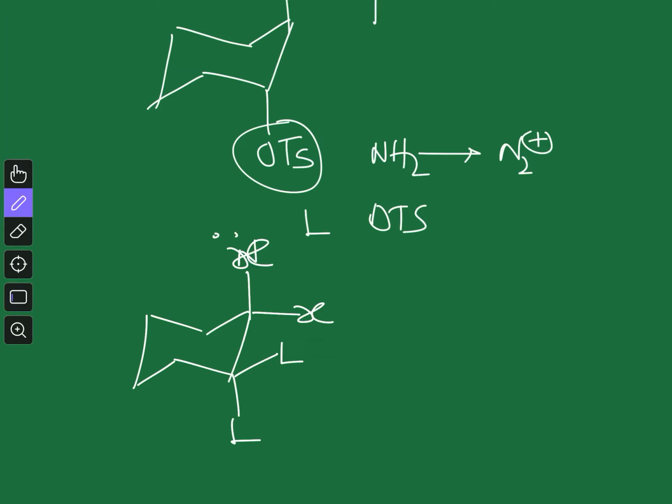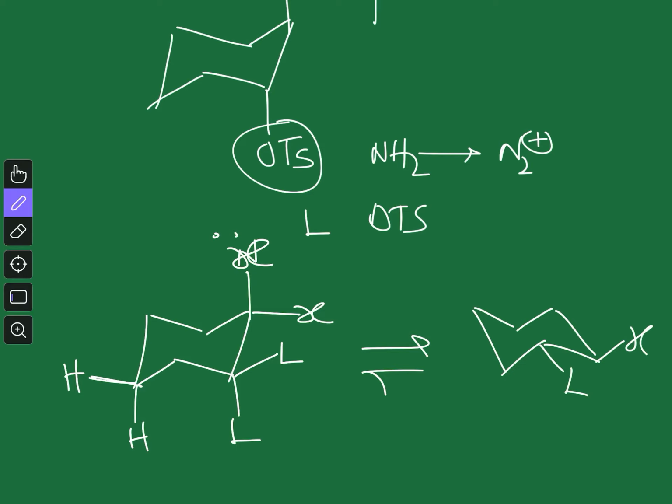Now if you don't have any group over here, if this position you have only hydrogen, then they can flip. So these structures can flip and you can have this type of structure where X and L are equatorial.